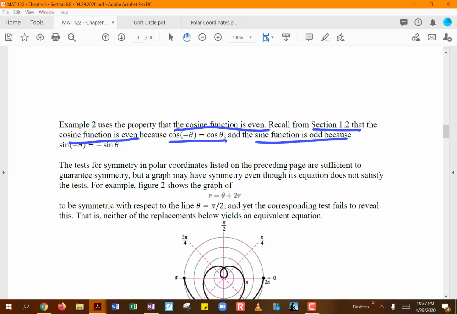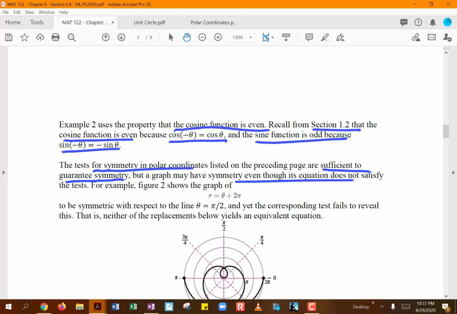And of course your sine function is odd because when you put a negative value inside of your sine function for the theta, it basically ends up making the whole sine value a negative value. Okay, we've of course looked at many different examples with that, so if you want to go back and review, you can do that.